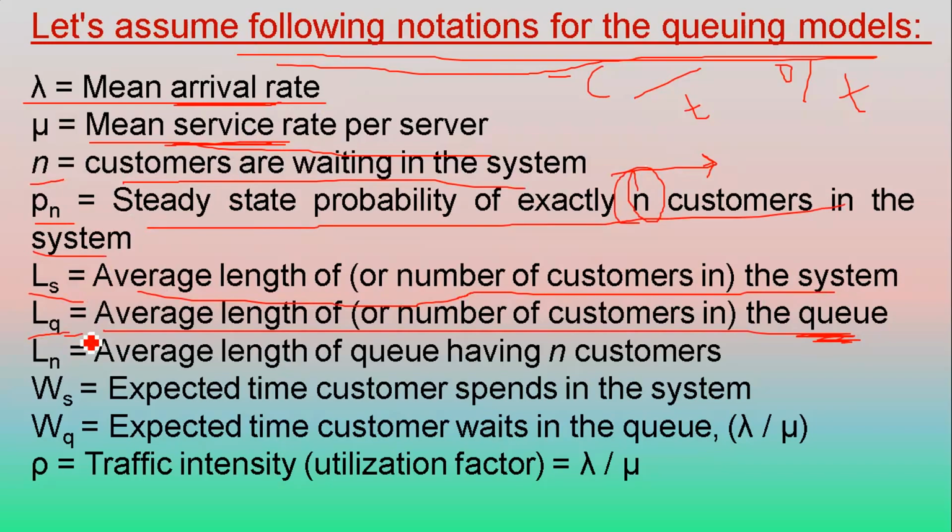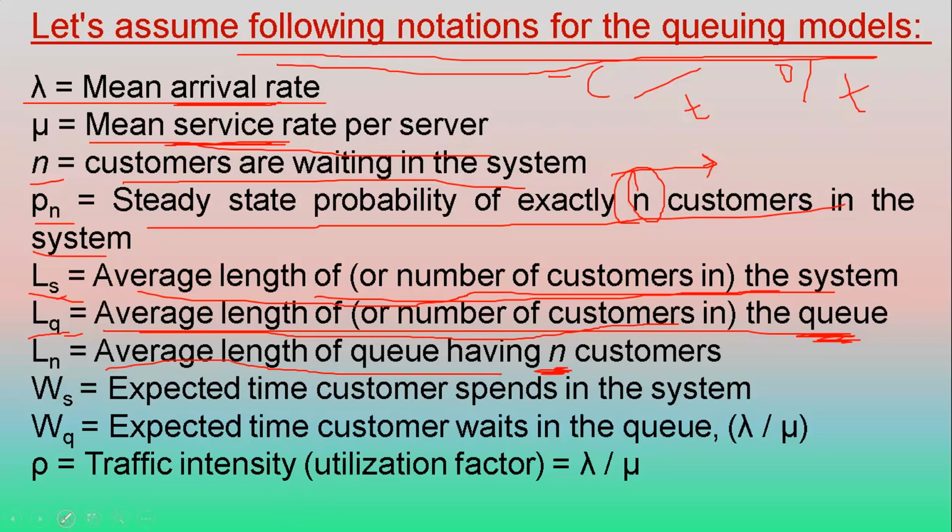Q stands for queue, and here S stands for system, right? So this is average length of the queue, or average number of customers in the queue, and this is average length of the system, that is Ls. Then Ln means average length of the queue having exactly n customers.